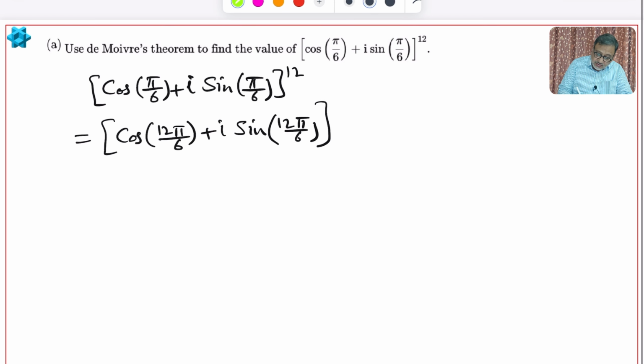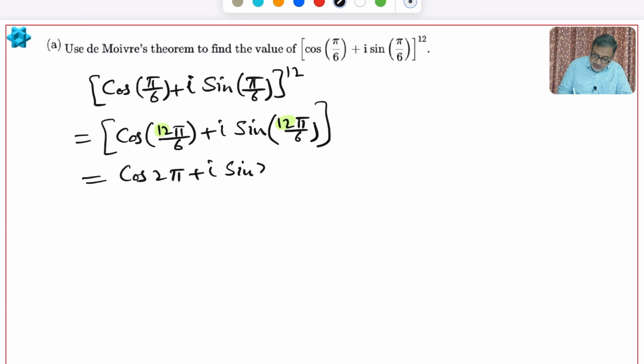So 12 has been multiplied here. Now when we simplify this, it will be 2 pi, right? So it is equal to cos of 2 pi plus I sin of 2 pi. We know that sin of 2 pi is 0 and cos 2 pi is 1, so therefore this is 1, right? So 1 is the answer of this.